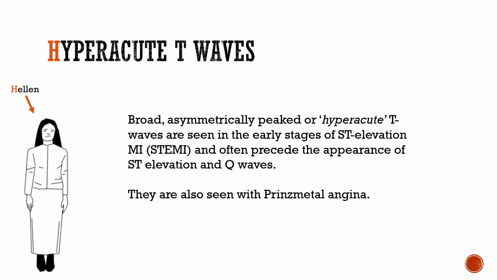These broad, asymmetrically peaked or hyperacute T waves are seen in the early stages of ST elevation MI and often precede the appearance of ST elevation and Q waves. They are also seen with Prinzmetal angina.